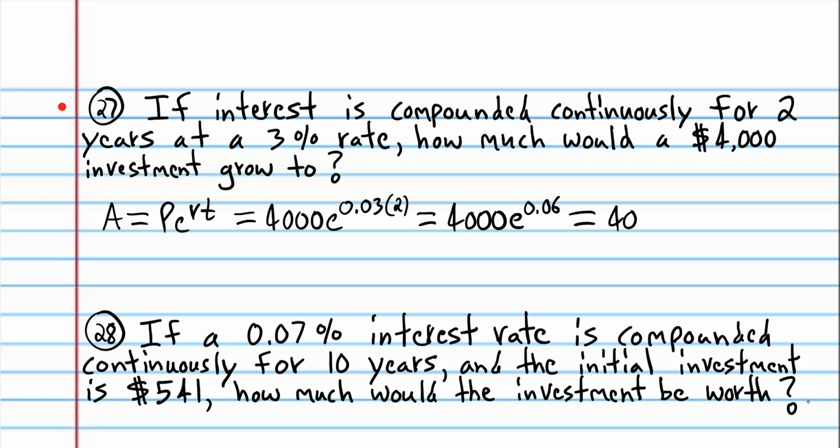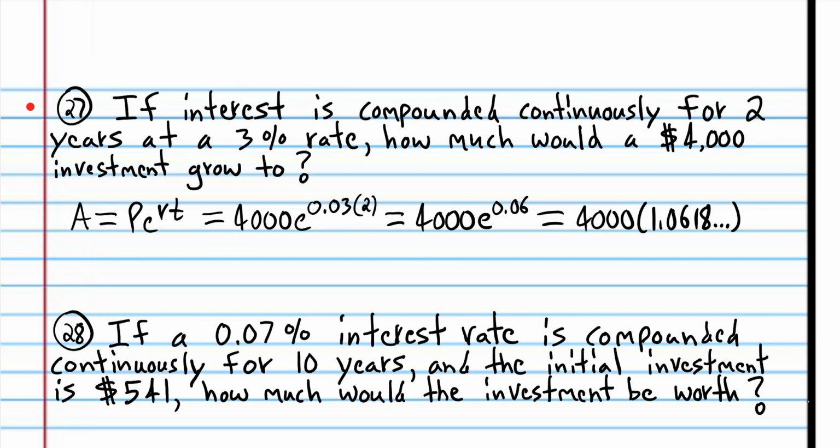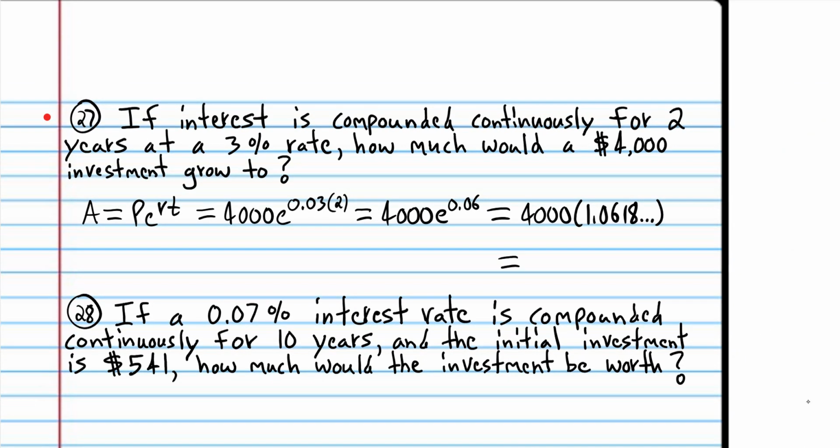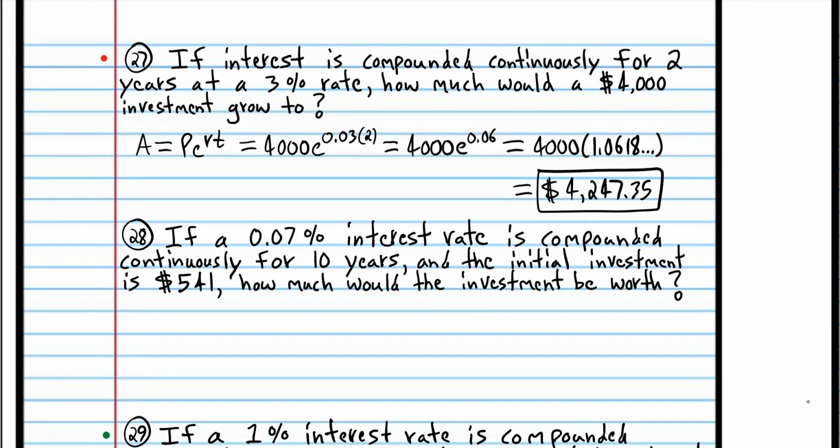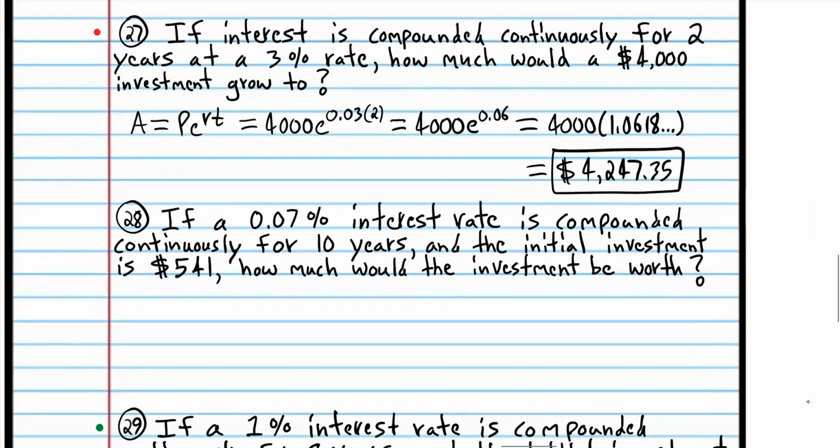So we have 4,000 times 1.0618, and you can keep that in your calculator and then multiply that by 4,000, and we get $4,247.35. We're always going to round off to the nearest cent because we can't have a fraction of a cent. Okay, so there you go. There's an application of base e exponential expressions.